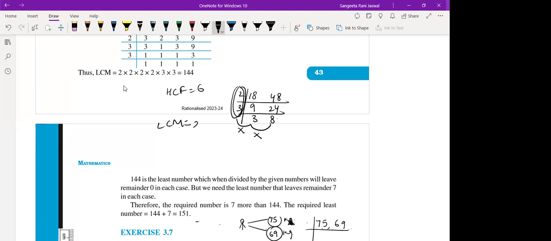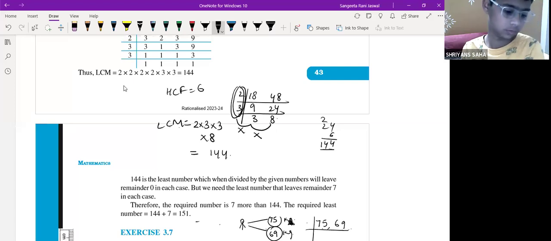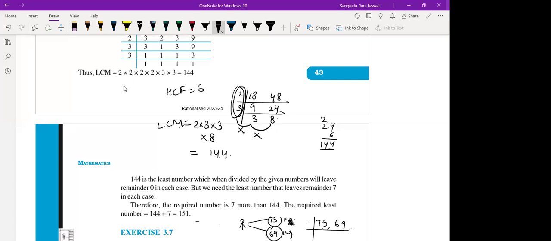So my LCM will be 2 into 3 into 3 into 8, right? Are you understanding? 2 into 3 is 6, and 6 into 3 is 18, 18 into 8 is 144. Yes, ma'am. For LCM, we take those numbers also which are left after taking the common factors.